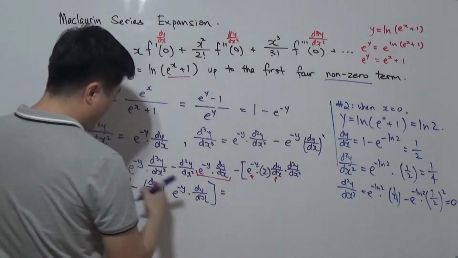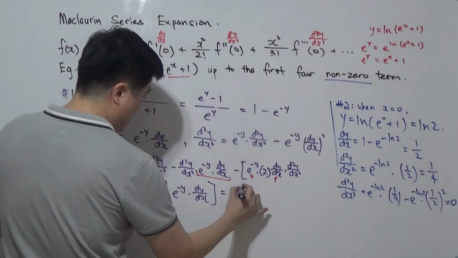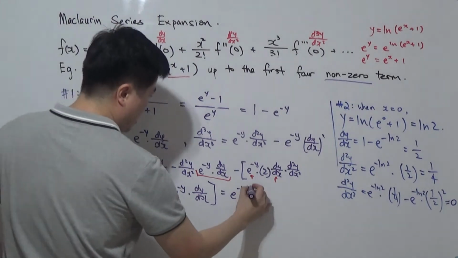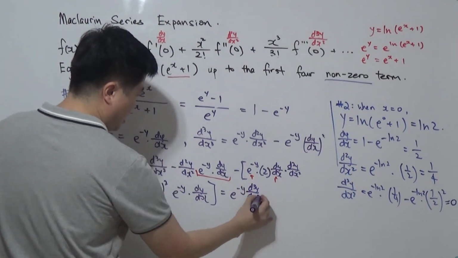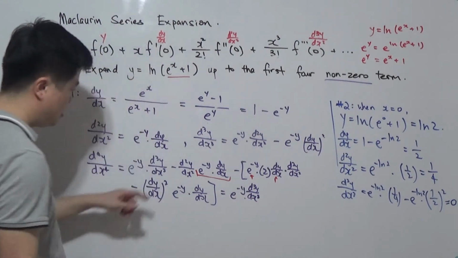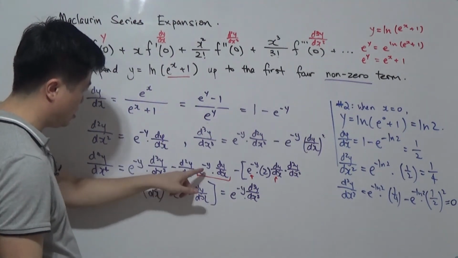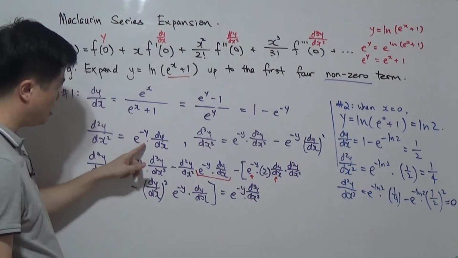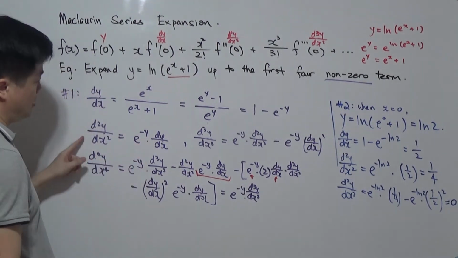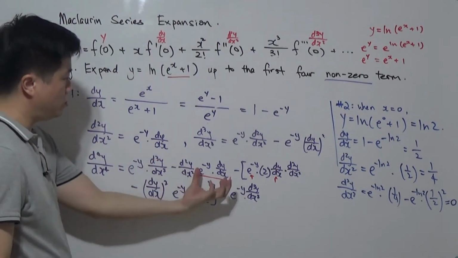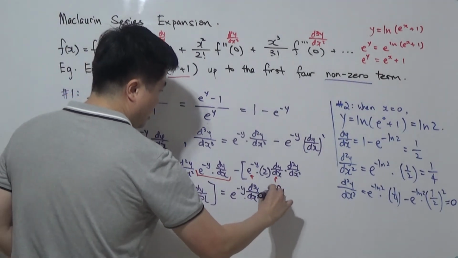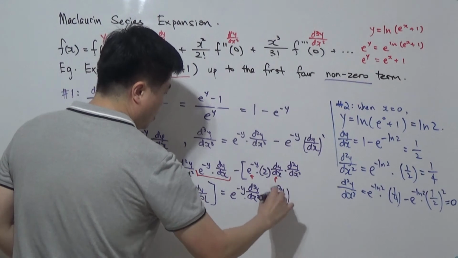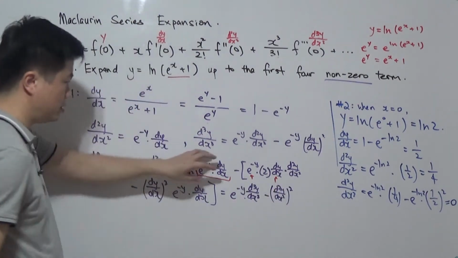So this one doesn't change, so we have e^(-y) d3y/dx³, and then this one, as I've mentioned, this is e^(-y) dy/dx, it's over here. So that is just d2y/dx². So we have a d2y/dx² multiplied by a d2y/dx², so that gives us (d2y/dx²) whole thing squared. Okay, so this is done.